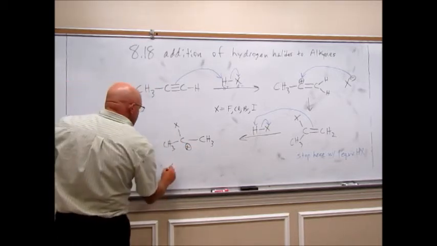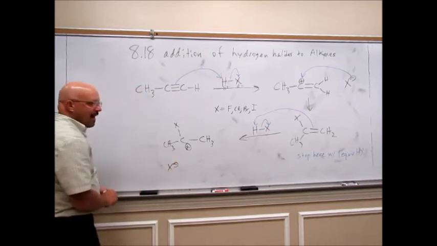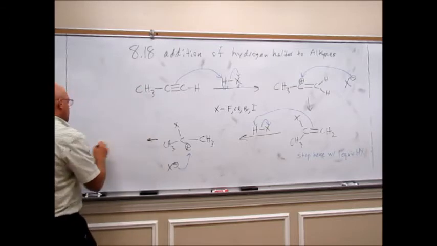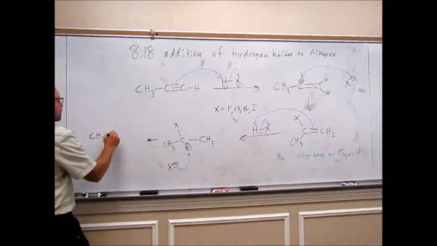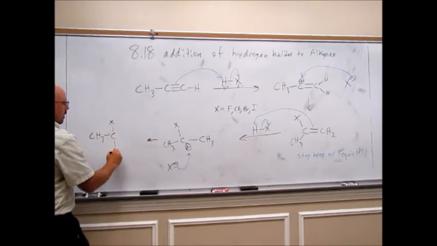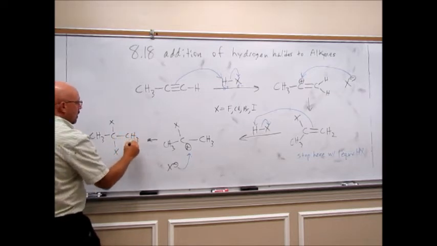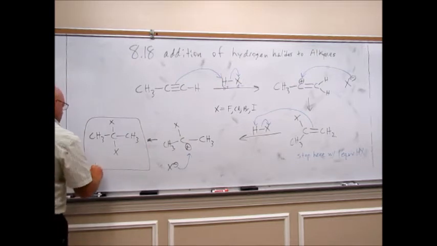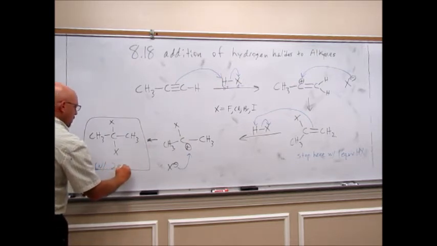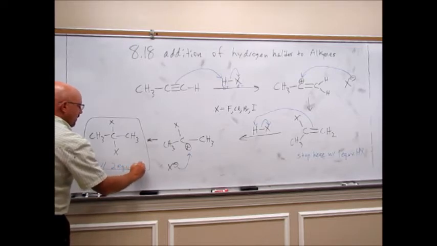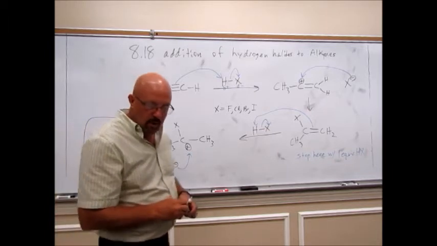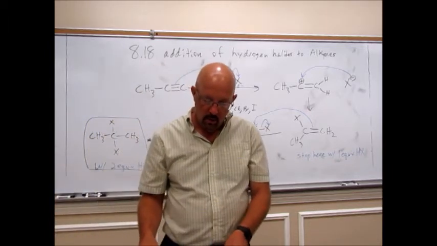You're always wanting the more stable carbocation. And then the halogen that we kicked off will add to the carbocation. And there's our product with two equivalents of HX. So you'll have to pay attention whether you have one equivalent or two equivalents.